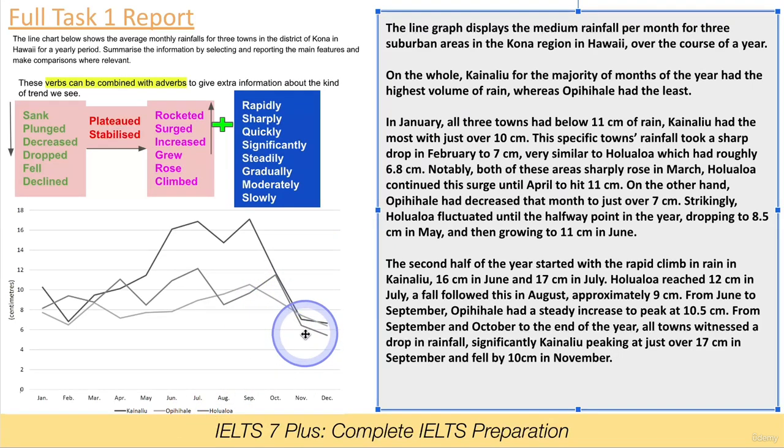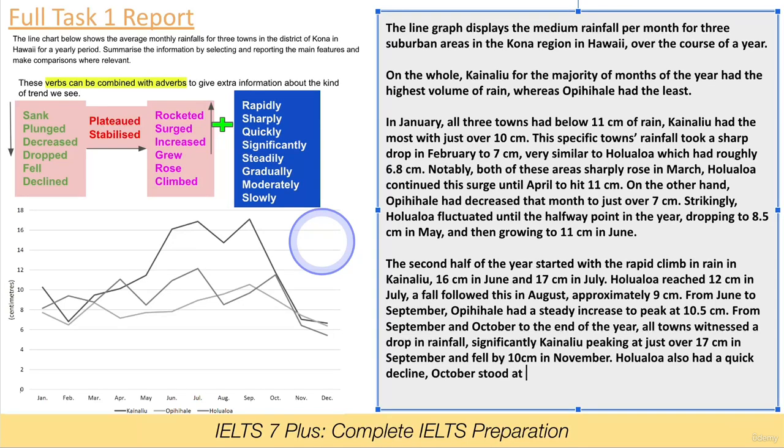And Holualoa also had a quick decline. October stood at 11.5 centimeters, and then it fell to maybe 6.5. So we could say this plunged by 5 centimeters in the following month.